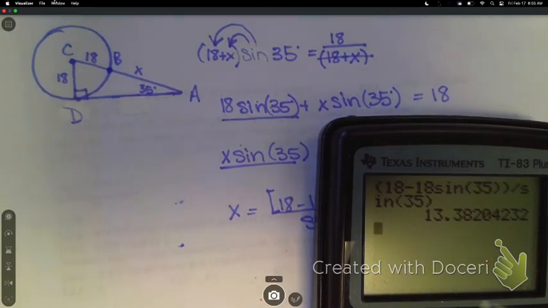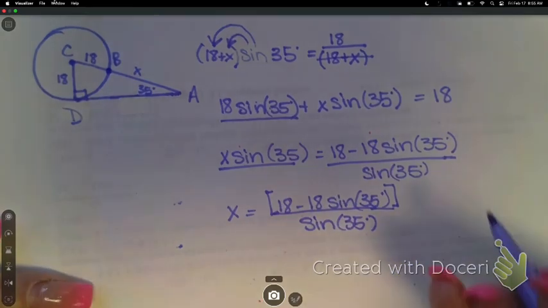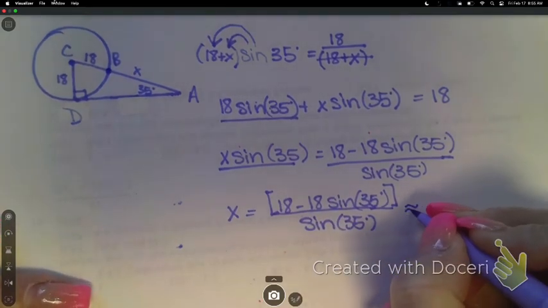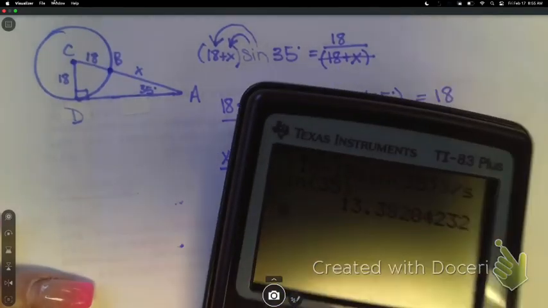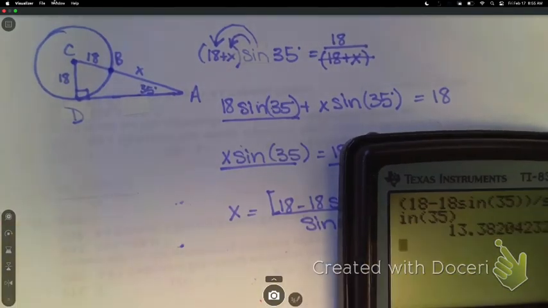How many decimal places would we give it? They gave you a whole number, so you should give a whole number. So 13. And we don't say equals 13, we say approximately 13. Miss Mick, why'd I get 0.0000? Are you in radians? Check your mode. I'm in degree. You probably just put it in wrong.